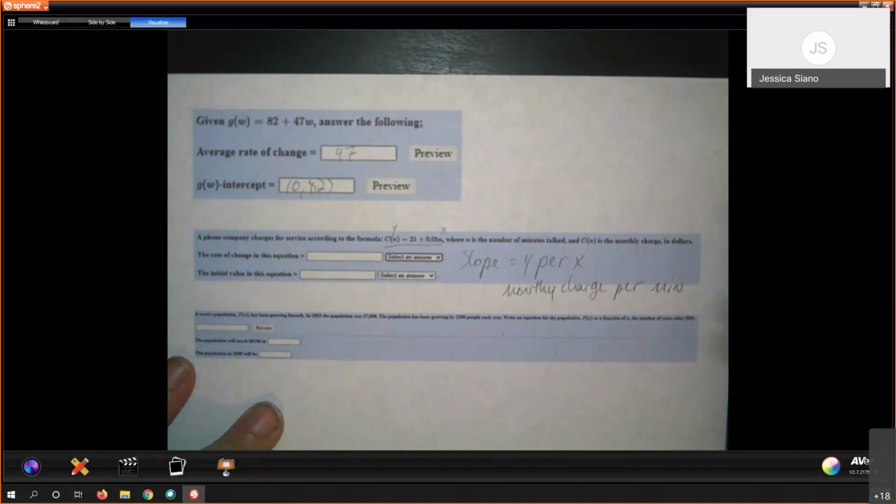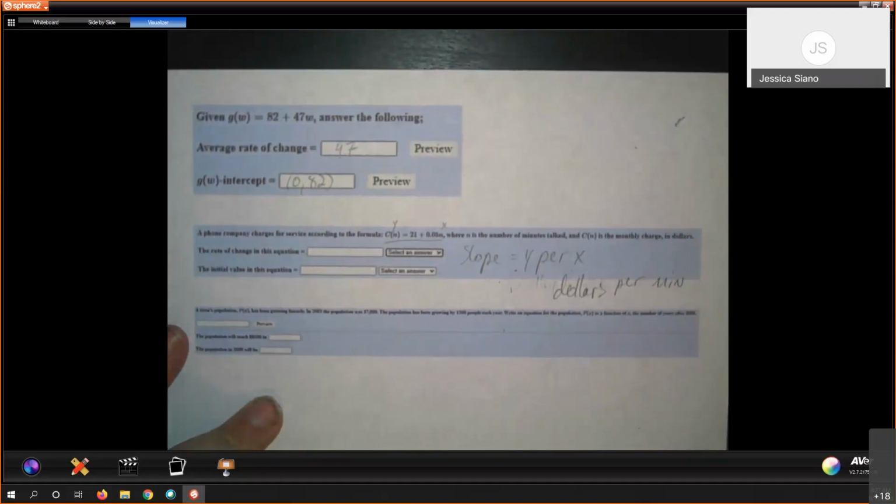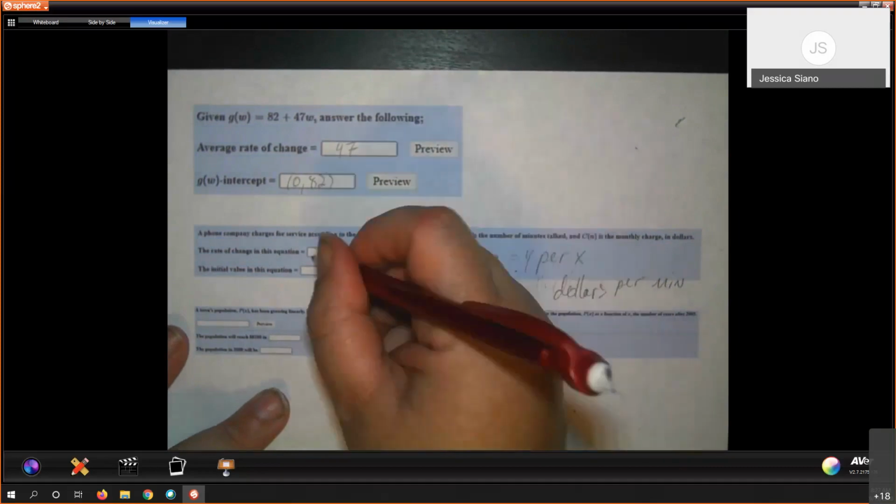So, well, wait a minute. Monthly charge, that's just a dollar amount. So this is dollars per minute or cost per minute. And my slope is 0.05. So that's going to be $0.05 per minute.